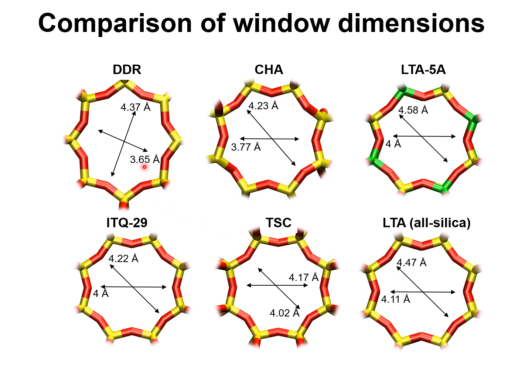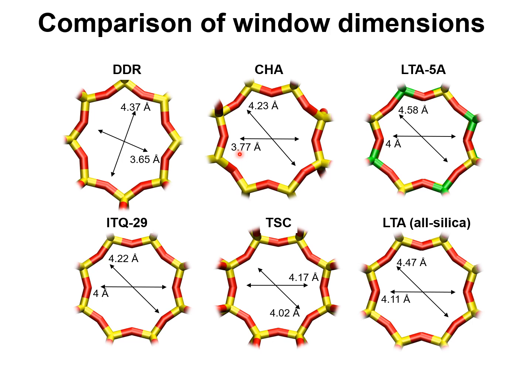We should therefore expect that the diffusivities in DDR, which has the narrowest dimension of 3.65, to be lower than the diffusivity of the same guest molecule in chabazite, and the diffusivity of that guest molecule would be larger in, say, LTA all silica zeolite.